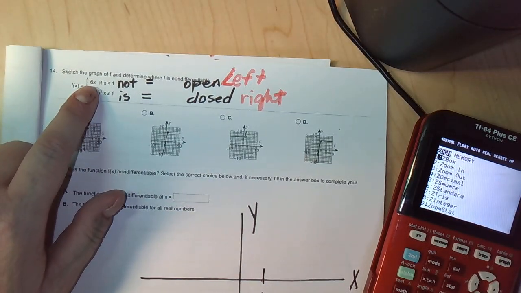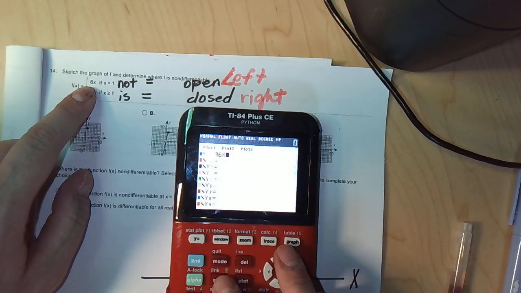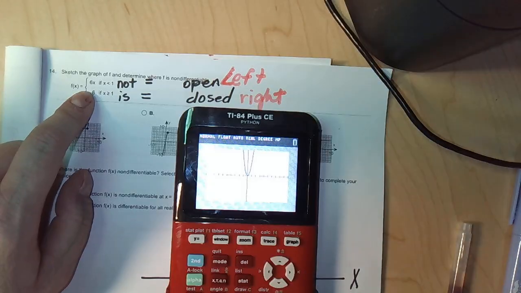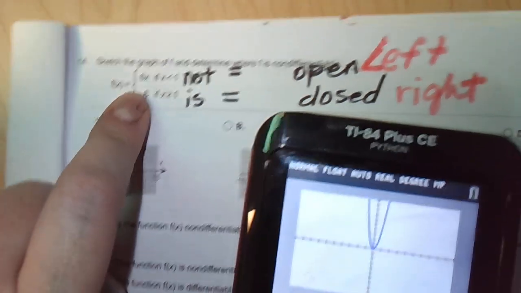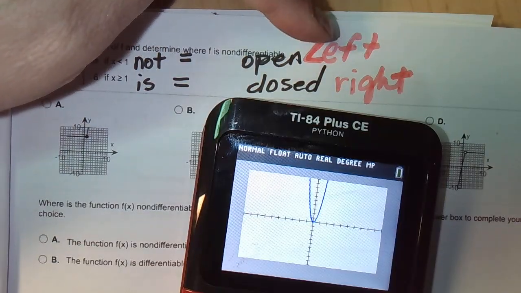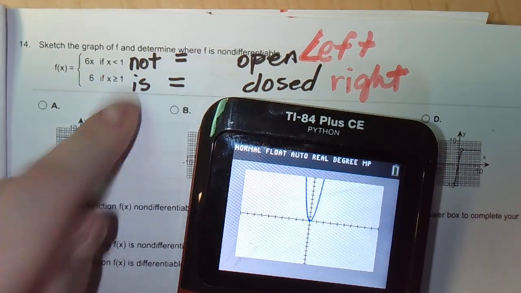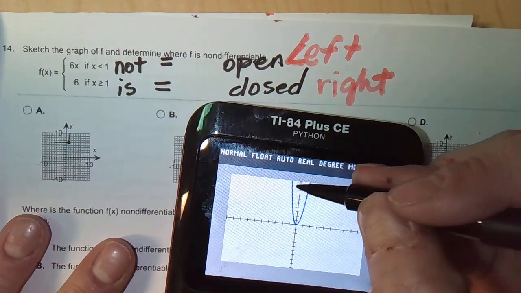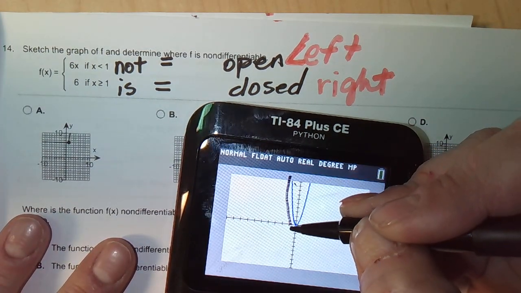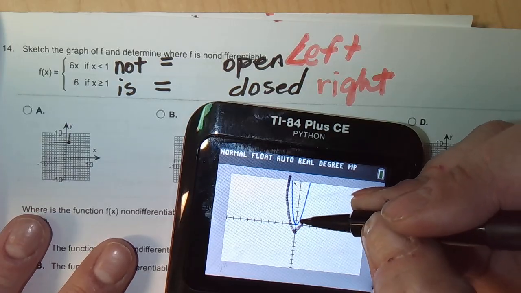Okay, let's put this 6x in y equals. But, oh, let me zoom in. But we're only looking for what's to the left of 1. Okay, so we're definitely going to have this whole curve come down to 0, but then we're going to have to include a little bit more.